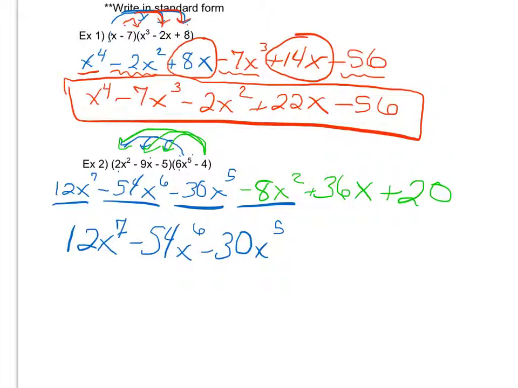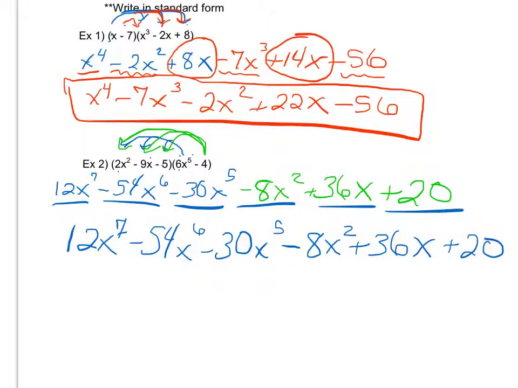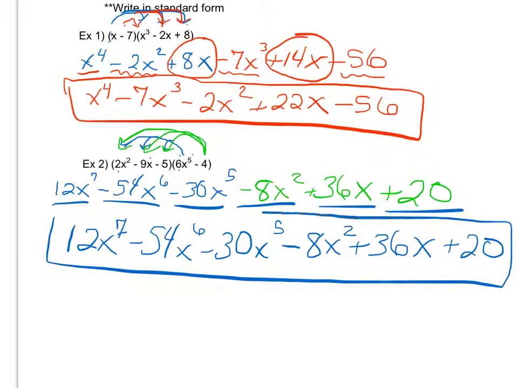Degree 3, we call it cubic. No variable, we call it constant. So just FYI. Now degree 1, or my linear term, no other linear terms. My constant term, no other constant terms. So I guess I really did not even need to rewrite that. If I would have looked a little closer, I would have realized that the answer I got after multiplying was indeed my final answer in standard form.